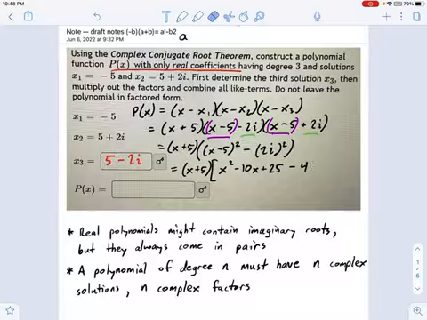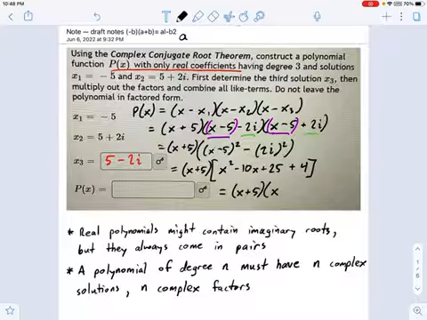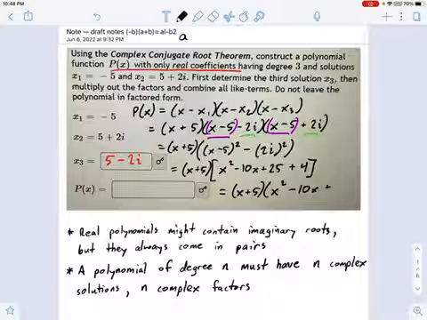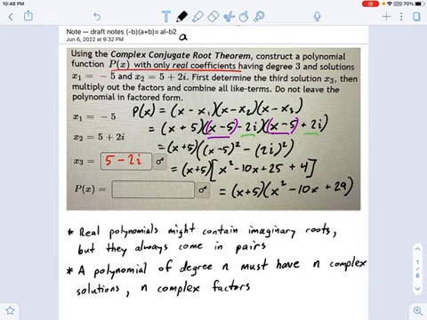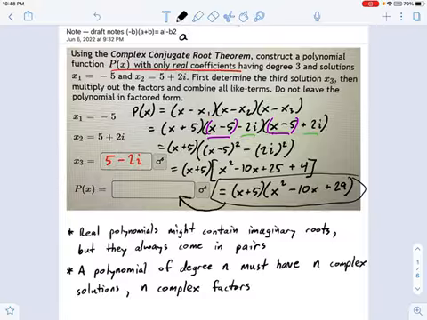So this becomes plus 4. Okay, and now this is x plus 5 times x squared minus 10x plus 29. That's the trick. That got us through this a little quicker than you might have otherwise. And now all that's left is for you to finish multiplying this out. You could use the box method or whatever method you like and put it in there. I'll leave that as an exercise for you.